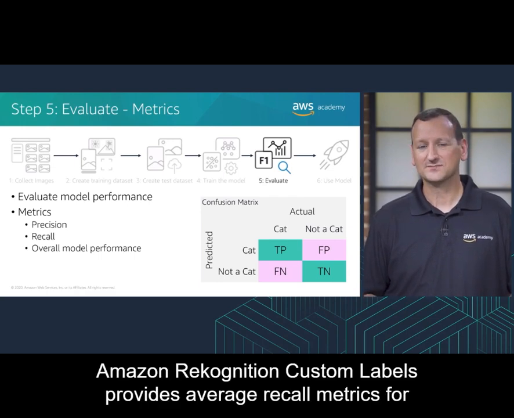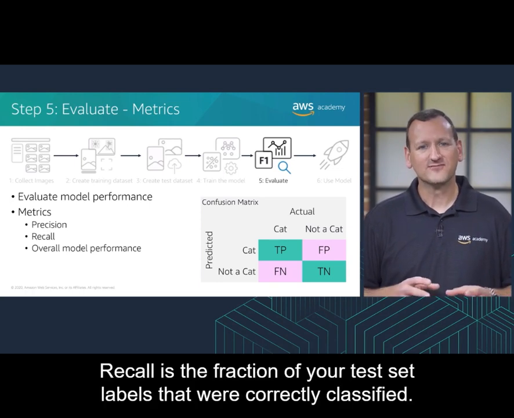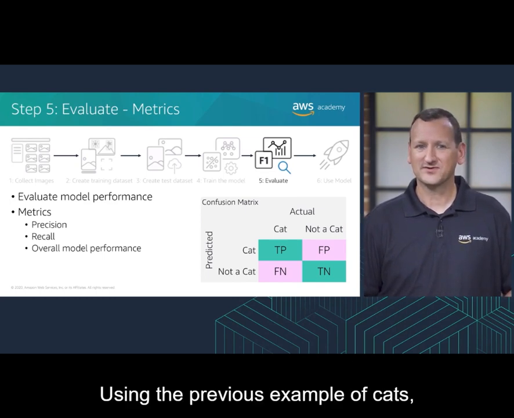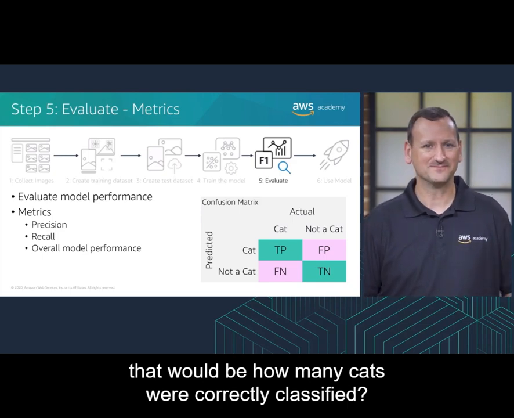Amazon Rekognition Custom Labels provides average recall metrics for each label and an average recall metric for the entire test dataset. Recall is the fraction of your test set labels that were correctly classified. Using the previous example of cats, that would be how many cats were correctly classified.